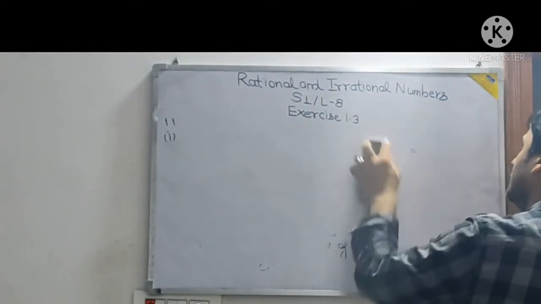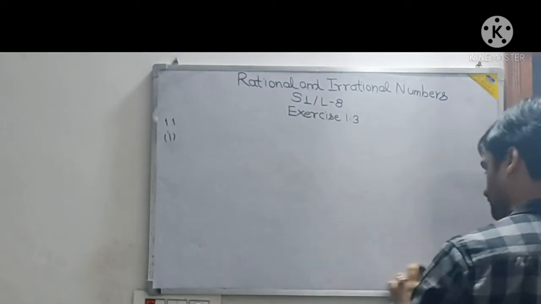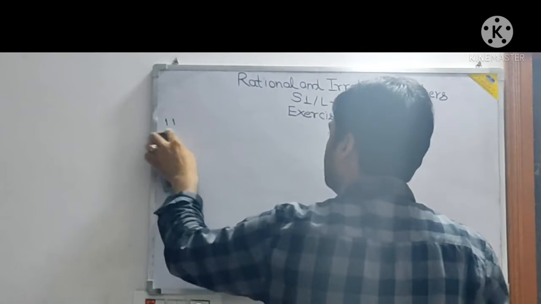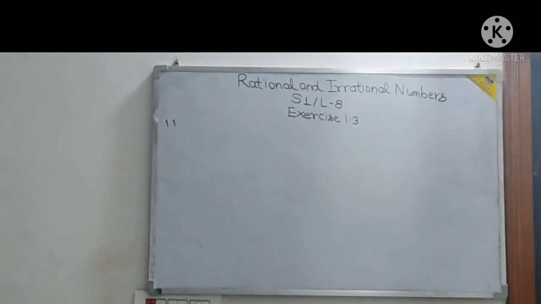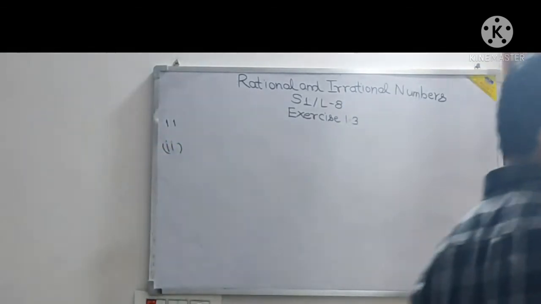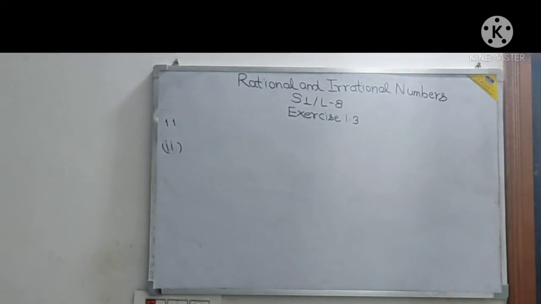I will take a few more questions. 11th first part I have done. Then second part I'm doing because otherwise people will start saying, tell that also, tell this also.